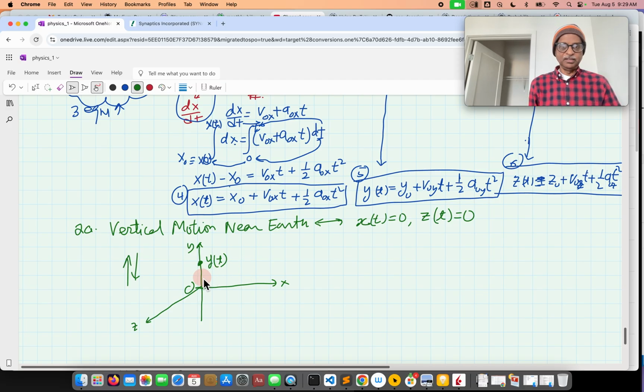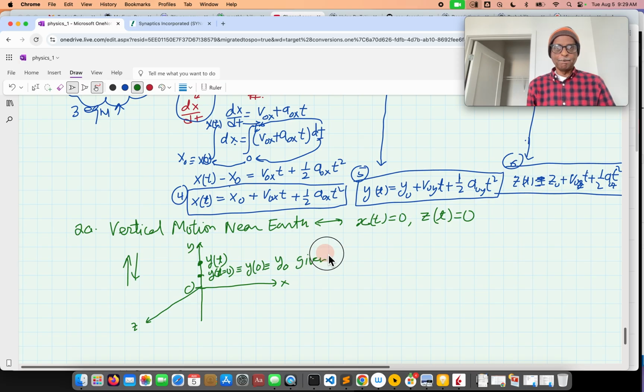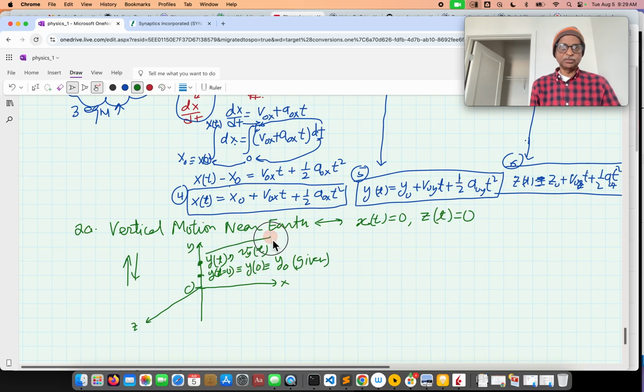Maybe at some other instant, at t equal to 0, this was y0, also written as y sub 0. So those are the values. This is given, and we need to find y of t, and we also need to find the y velocity at instant t. These are two things we will be able to find.